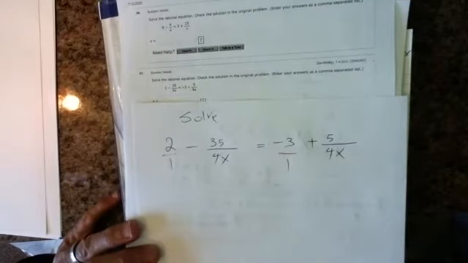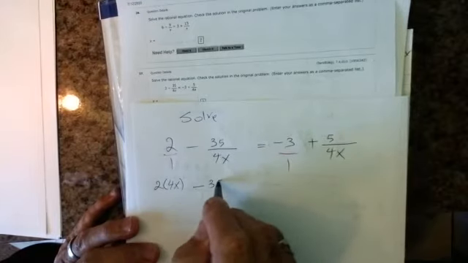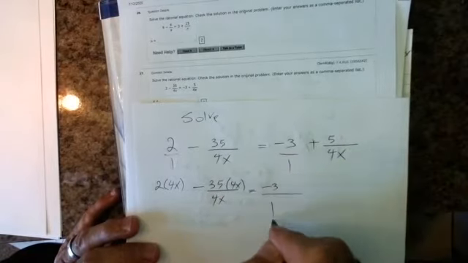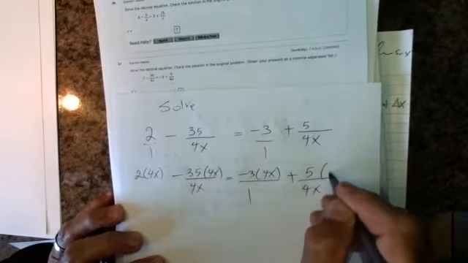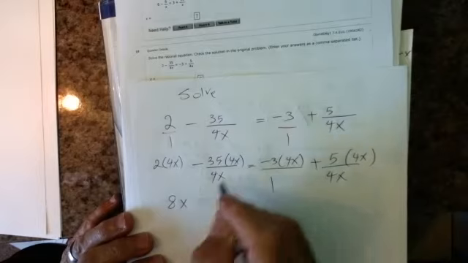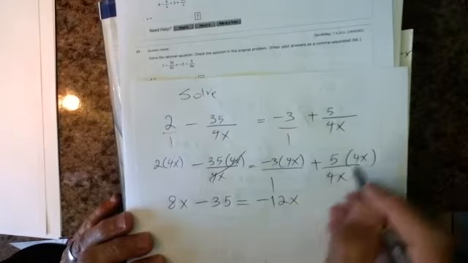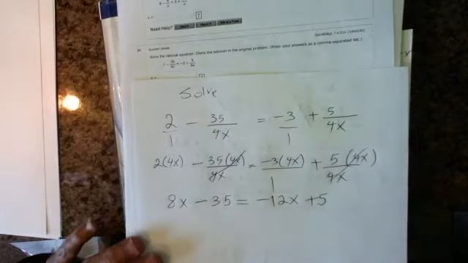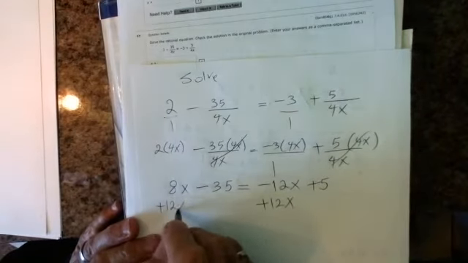Multiply all of them by 4x. And then we add 12x because now we want to solve these equations.